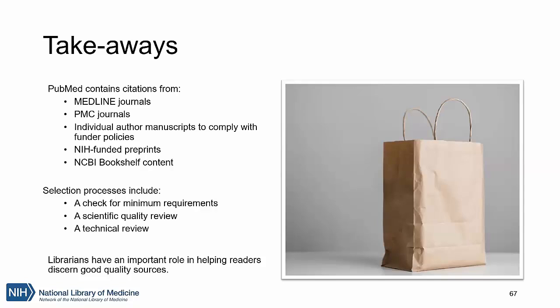Selection processes are different for different NLM products, but they all include a check for minimum requirements, a scientific quality review, and a technical review. Acceptance into the NLM collection is a prerequisite for inclusion in MEDLINE, PubMed Central at the journal level, and Bookshelf.